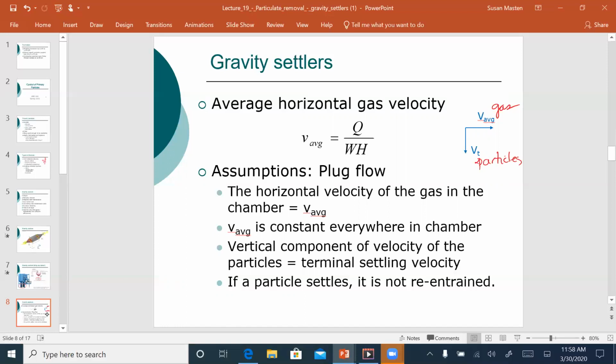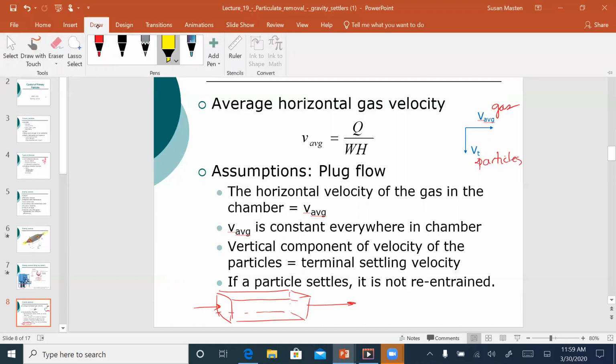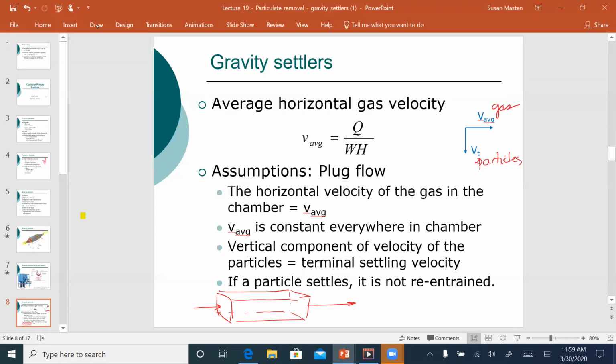Now, in terms of plug flow, think of this as our drop box, and we have gas flowing in and gas flowing out. If we have true plug flow, what we can do is draw, so this is a parcel of gas.